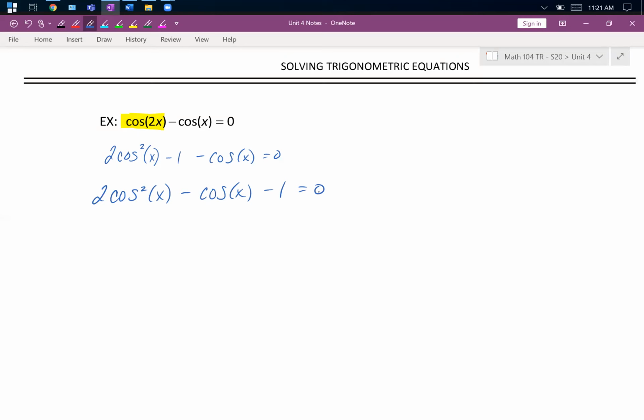And as always, if you're having trouble seeing the algebra through the trig, you can just strip it down. This is 2c squared minus c minus 1 equals 0. And we want to factor it. You can either use trial and error or your AC method.